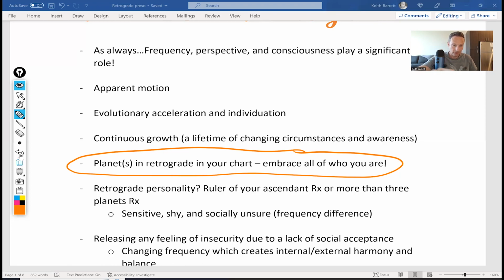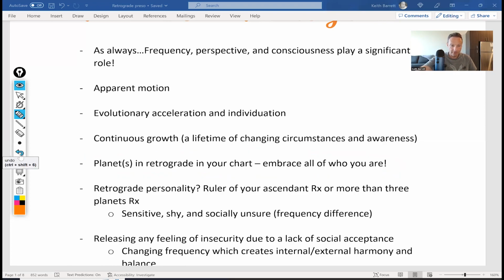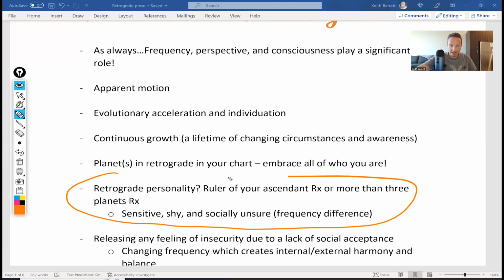So oftentimes when I see heavy retrograde, and when I say heavy retrograde, I mean, you have a sign on your ascendant in your natal chart, and there's a ruler of that ascendant, a planetary ruler.